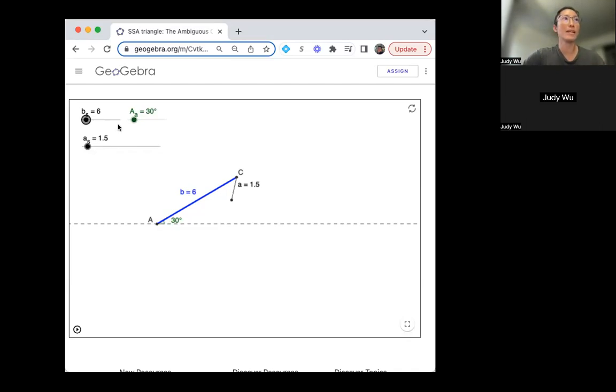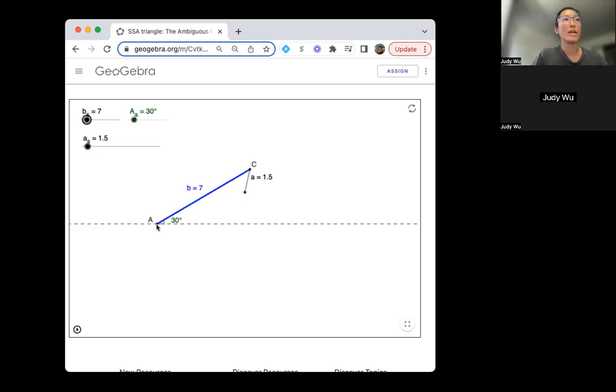And so we had said that angle A was 30 degrees, which we can see right here. Side b is 7, let's make that 7. And then side a was 6 centimeters, okay?